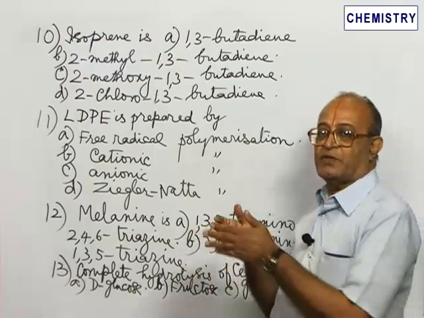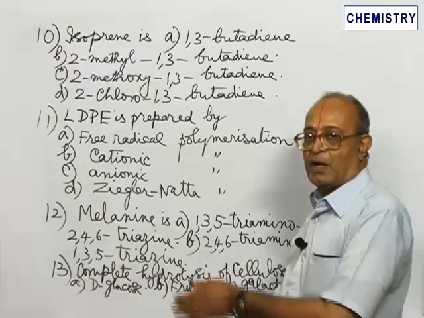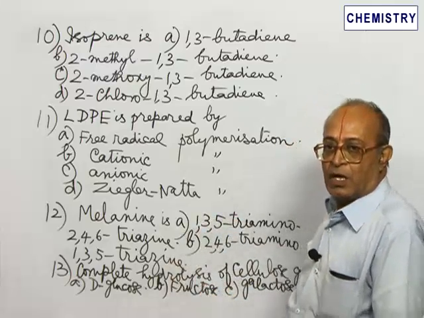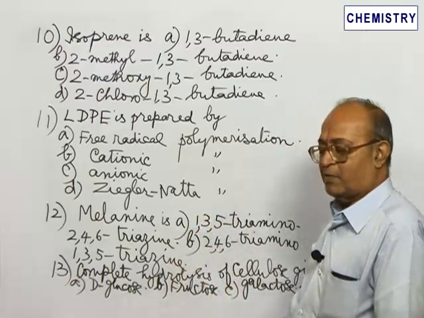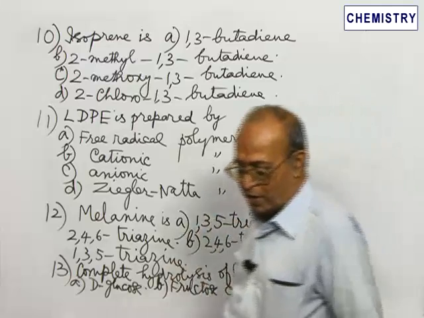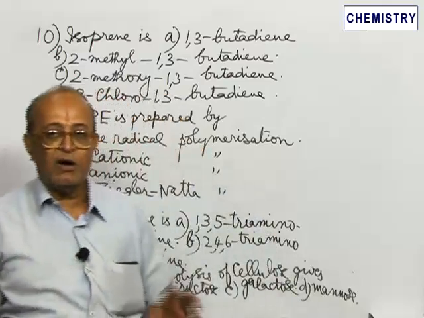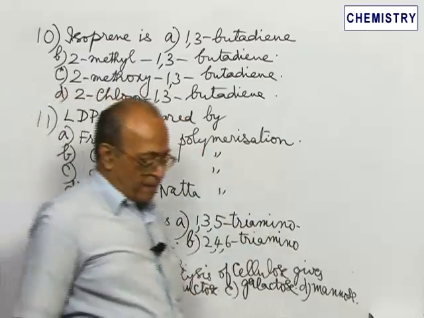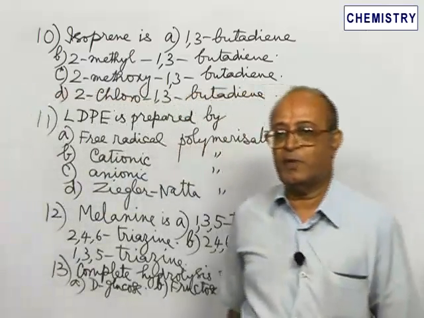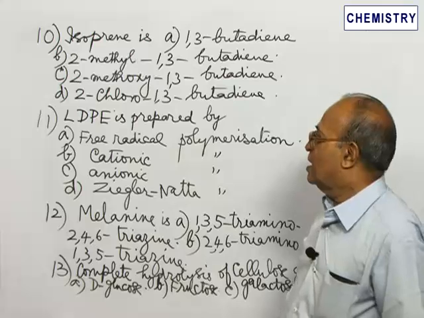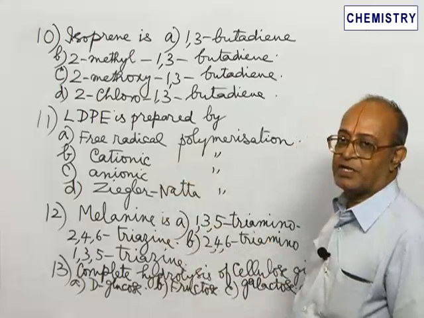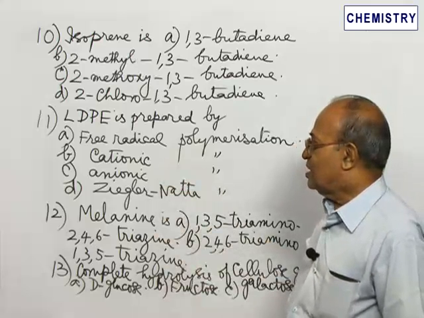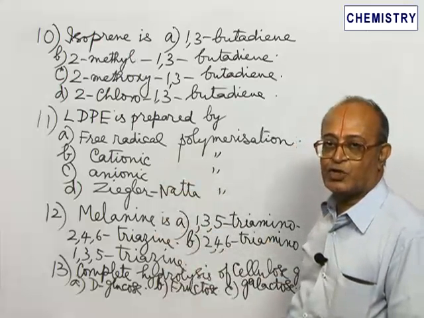From this, the propagation step, and from that, the termination step, and so on. So, free radical mechanism usually involves the production of a free radical. And there are different types of polymerization reactions: cationic polymerization, anionic polymerization, Ziegler-Natta polymerization, and so on.